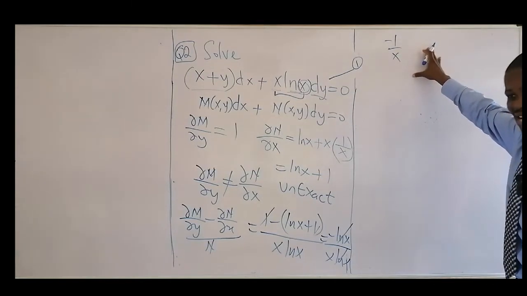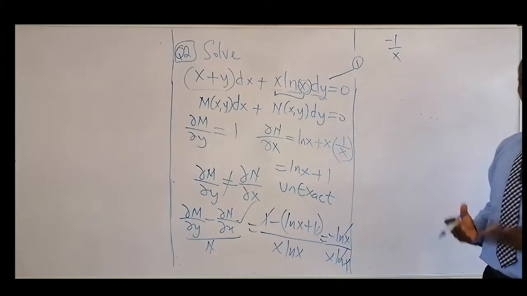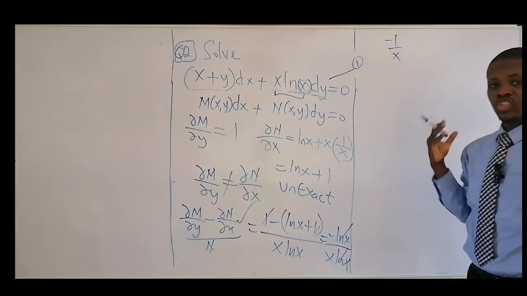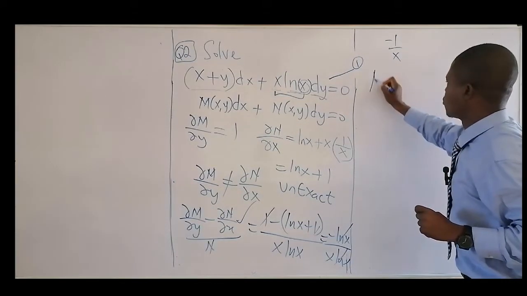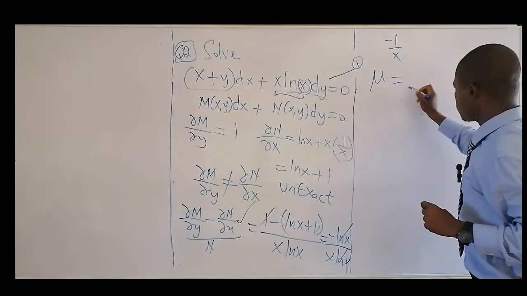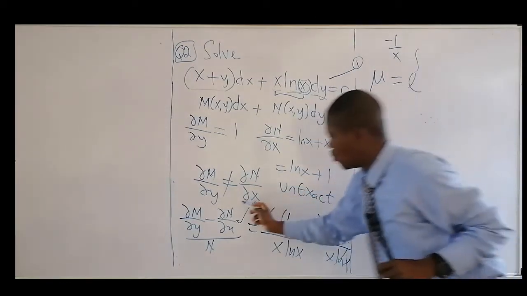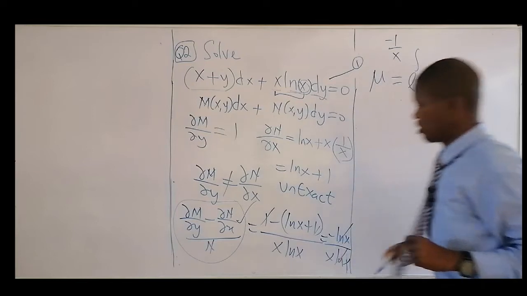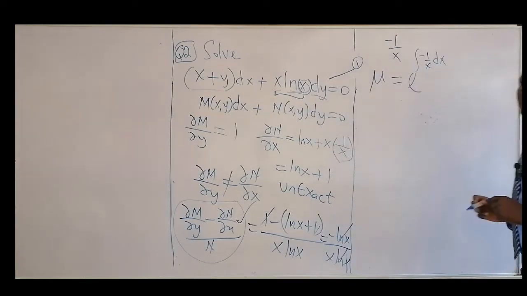So with this now, we can go with this to get the integrating factor. Why? Because it contains just one function. So then the integrating factor will now become e to the power of the integral of minus 1 over x dx.